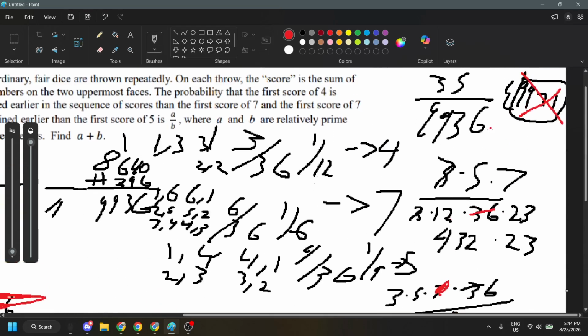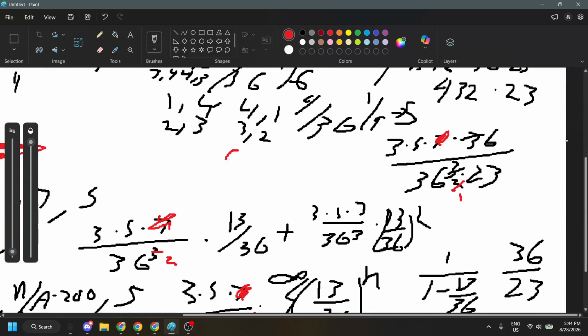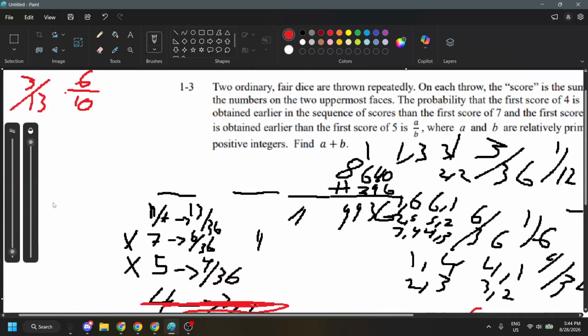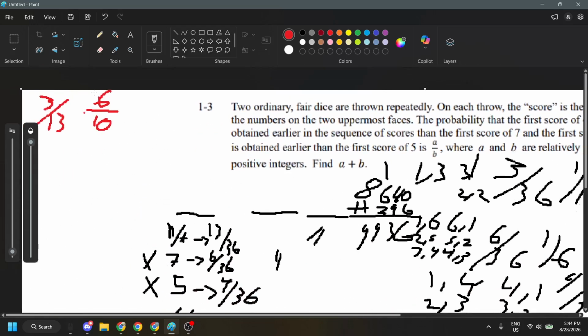So then we have 5 over, yeah, this is still definitely not correct. It's kind of closer. It's going to be 230, 266. It's not correct, but it's closer. And then, wait, let me make sure, this is going to be 3 out of 5, so it's going to be 9. Yes, that's still not correct.